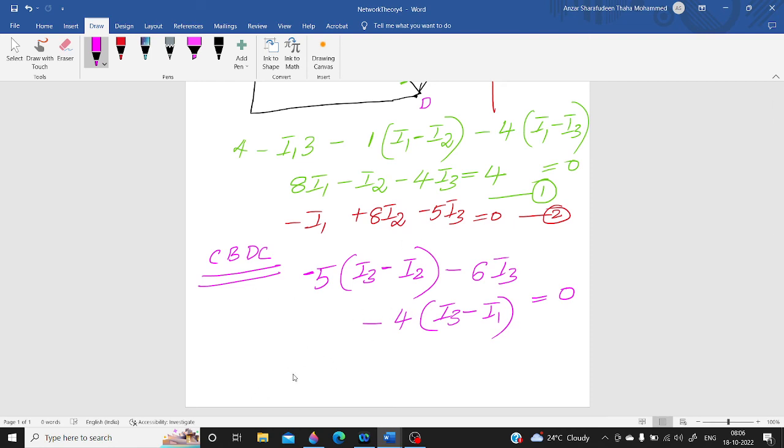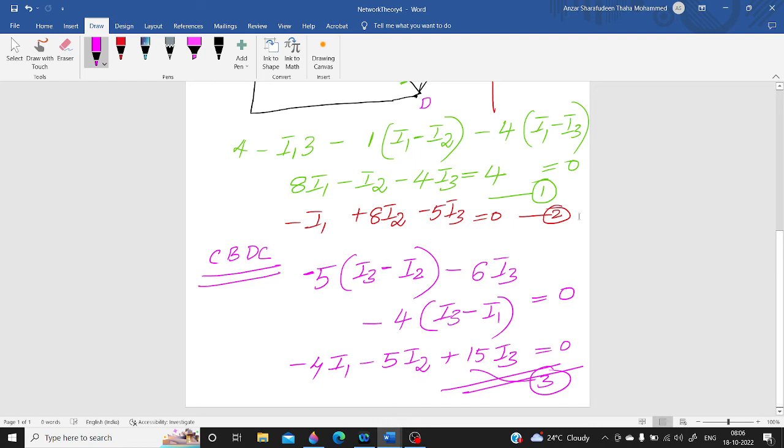The third equation is minus 4 I1 minus 5 I2 plus 15 I3 is equal to 0. So this is the third equation.